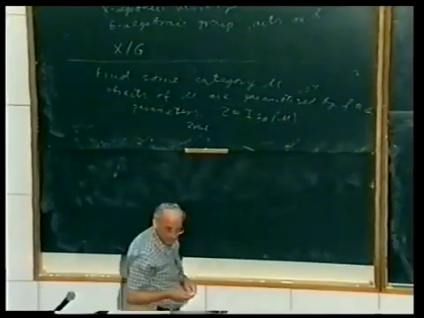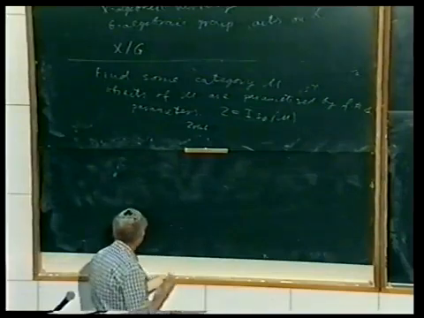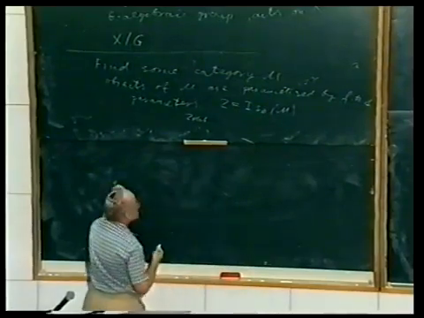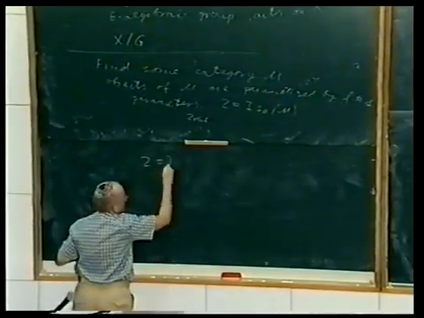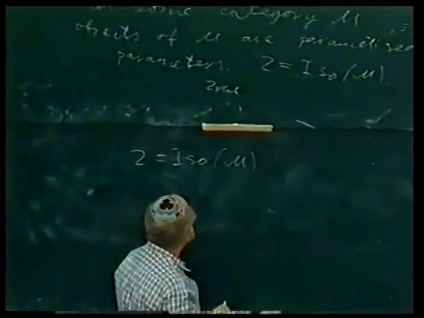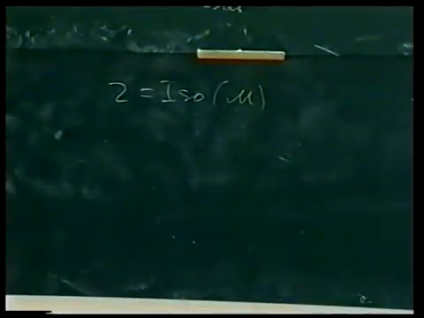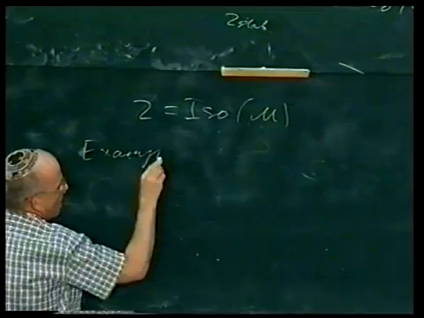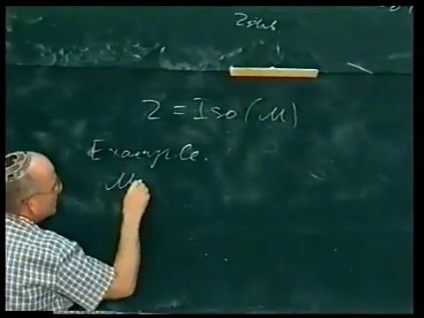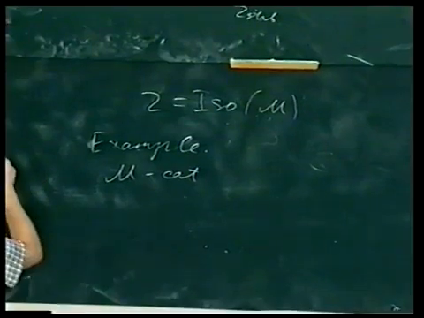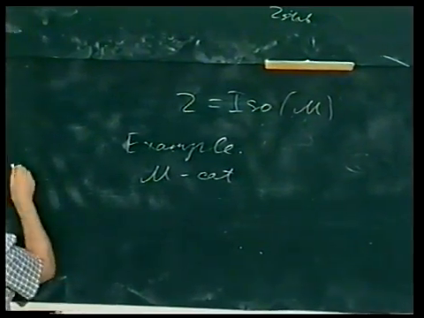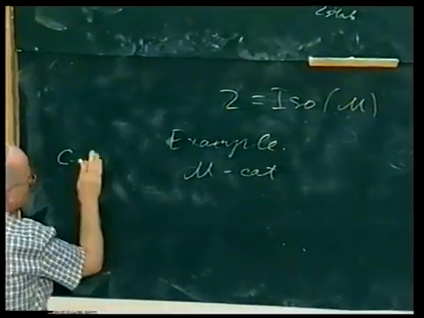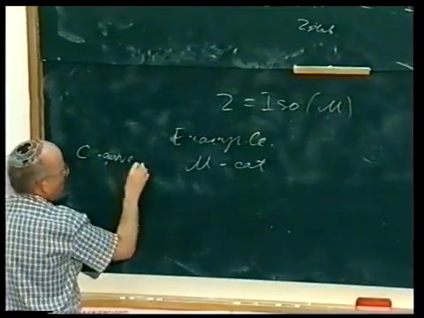From my point of view, one has to actually face this Z, these isomorphism classes of M, and describe the geometric structure of this object. Let me give an example. Suppose C is an algebraic variety, usually a curve.